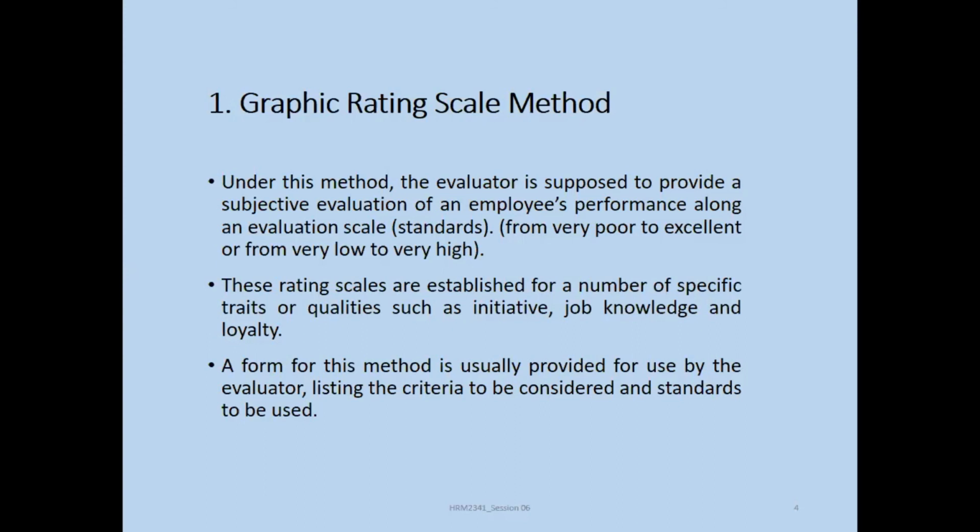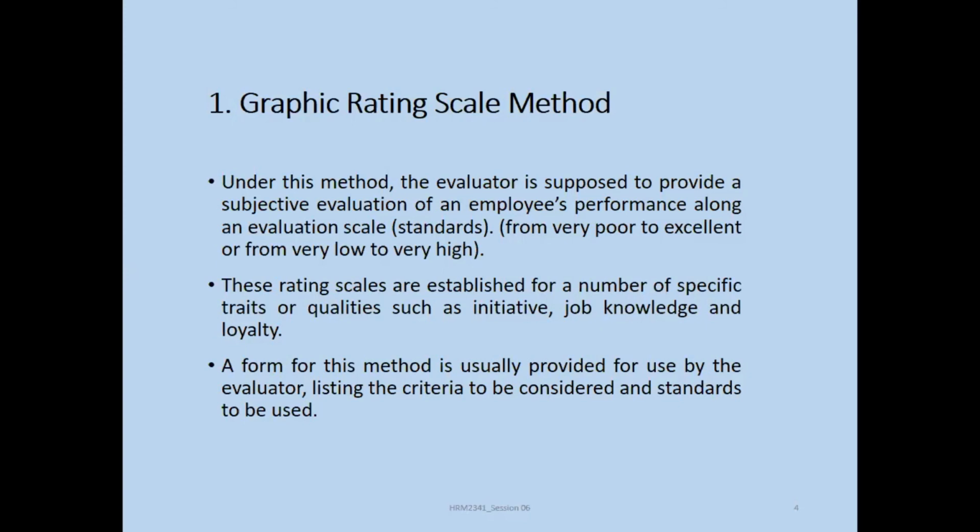Sometimes the criteria may depend on the job and the organizational requirements. Some examples for the criteria are given here: initiative, job knowledge, and loyalty. A form for this method is usually provided for use by the evaluator. That form consists of the list of performance evaluation criteria with the standards.